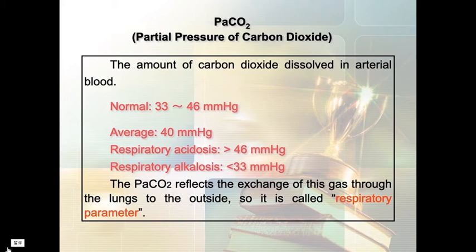In the case of respiratory acidosis, partial pressure of carbon dioxide is more than 46. In respiratory alkalosis, the partial pressure of carbon dioxide is less than the lower limit, 33. The partial pressure of carbon dioxide reflects the exchange of this gas through the lungs to the outside, so it is called a respiratory parameter.